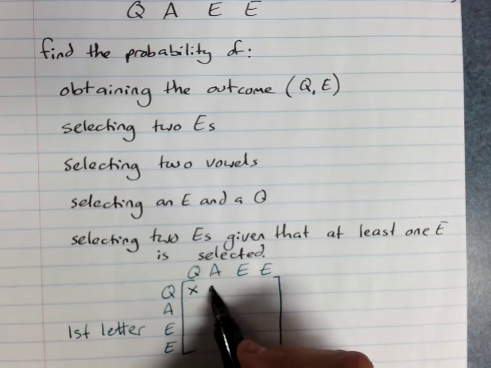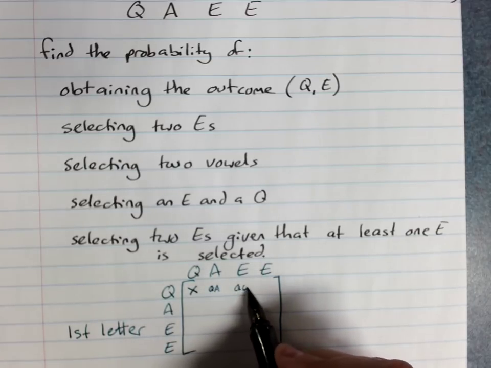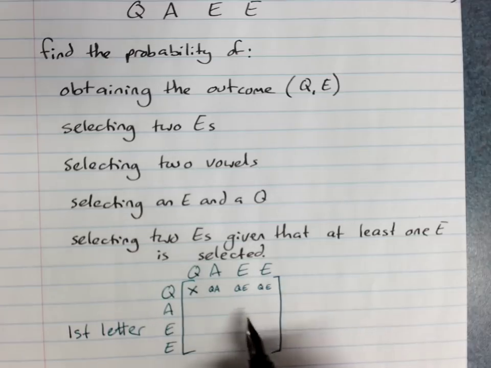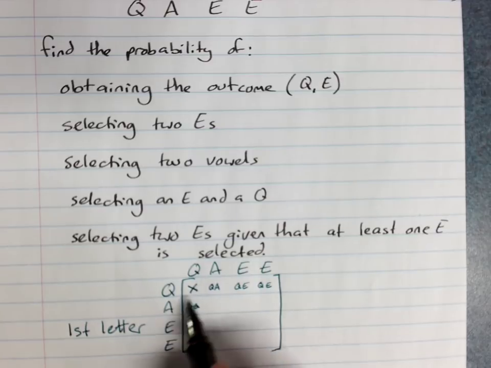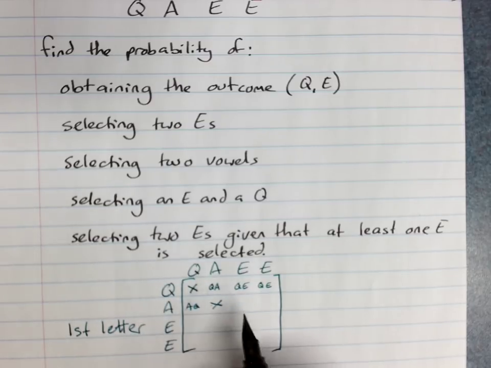You could get QA, QE, or QE, but you can't get QQ. I could get A and Q, but I can't get A and A. So notice how this leading diagonal, when there's no replacement, gets crossed out.